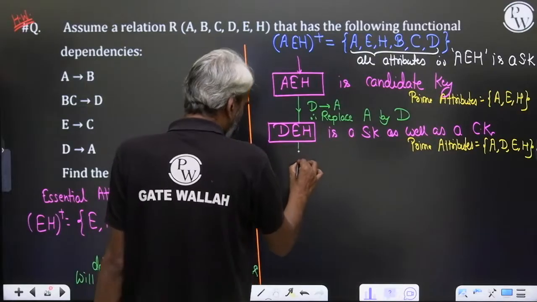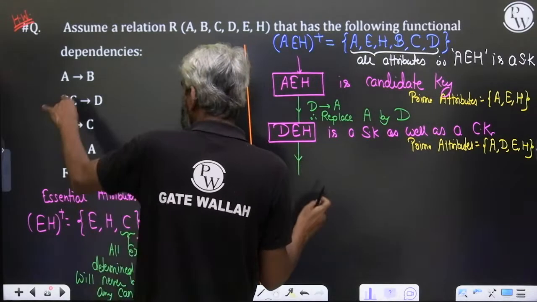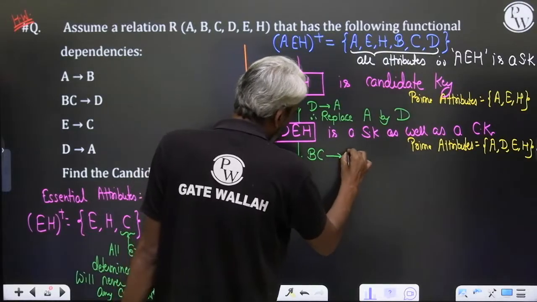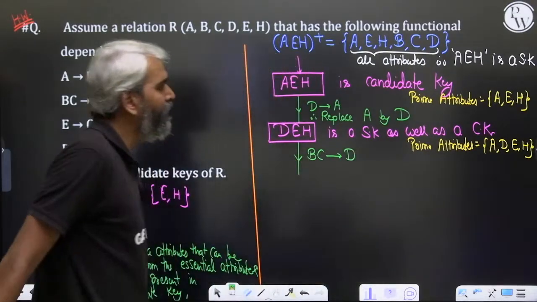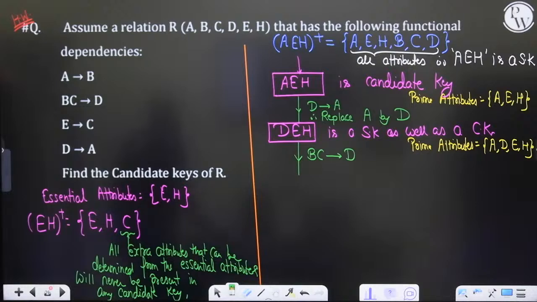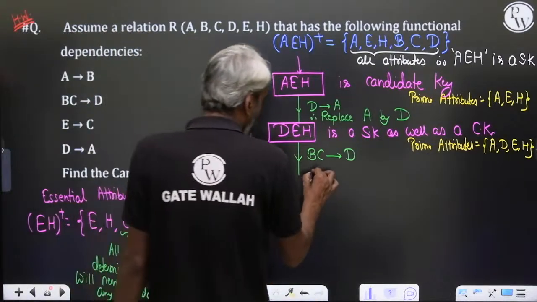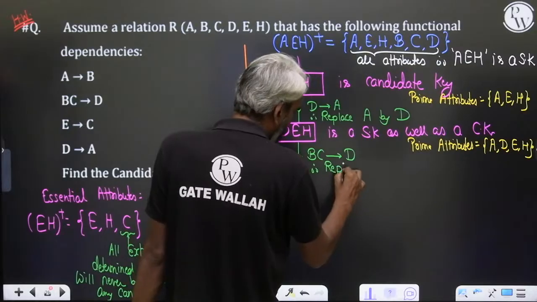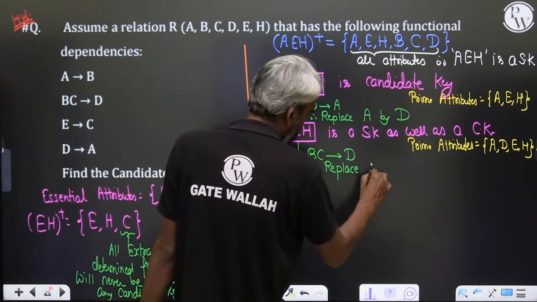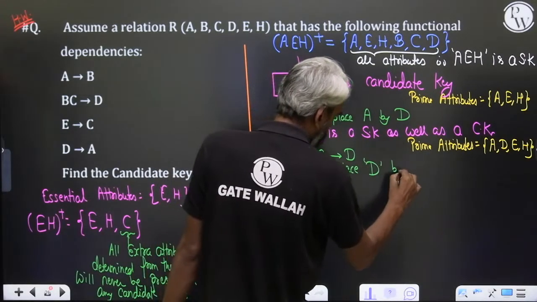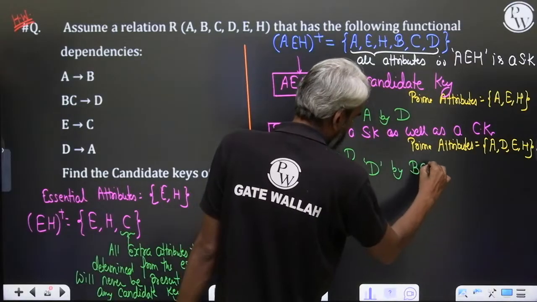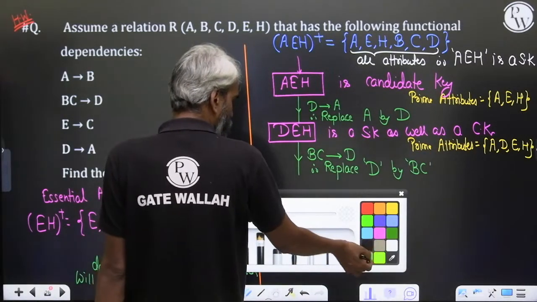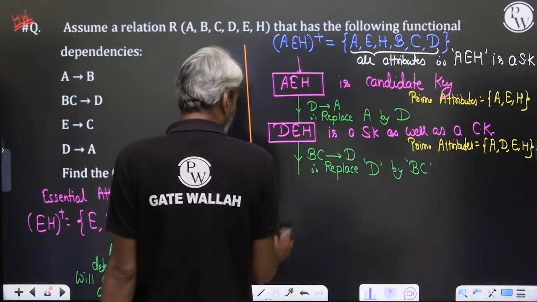Sir, let's check with respect to D. You will get to know that, sir, BC implies D. Therefore, whatever can be done by D can also be done by the LHS, that is BC. Replace D by BC.